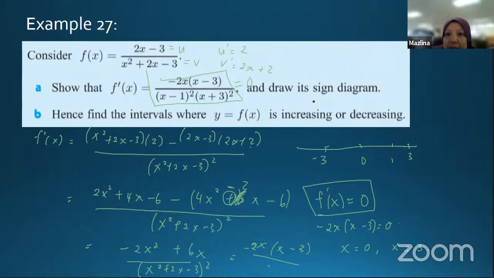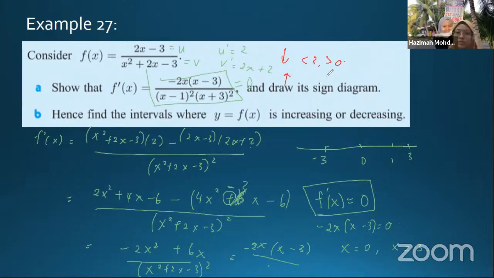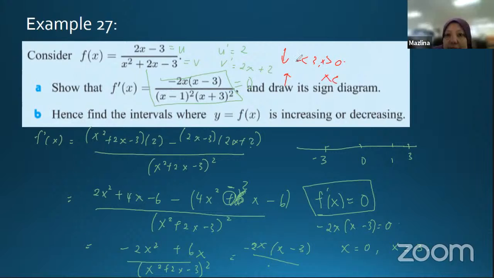Okay, you say that less than 3, more than 0. Increasing between 3 and 0, so x between 0 and 3. So we have 0 and 3 here.